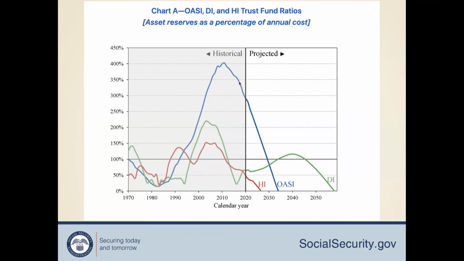The workforce is coming down, whereas the number of people who are retired is going up, or even if they are not retired, they are collecting Social Security. Because of that, the percentage asset backing has come down from 400 to 300.